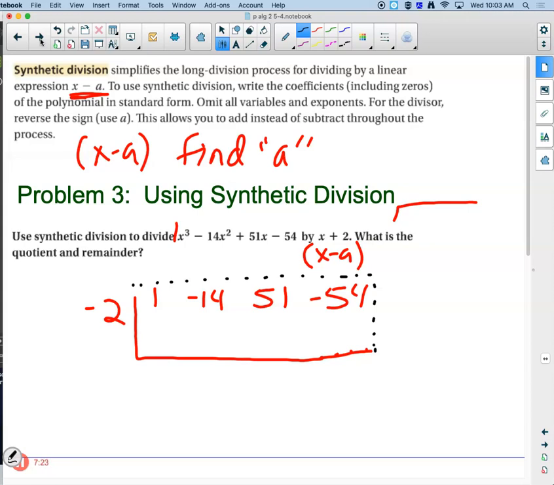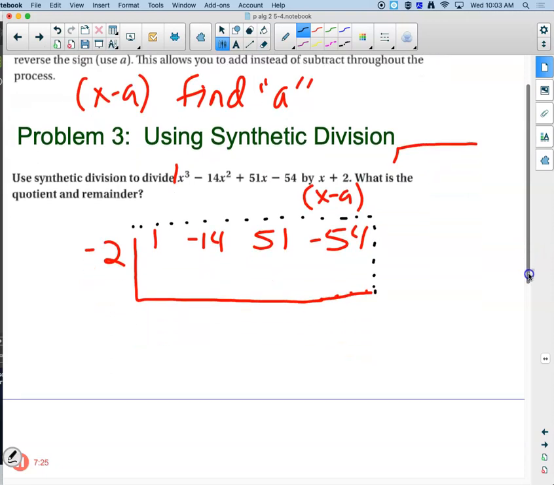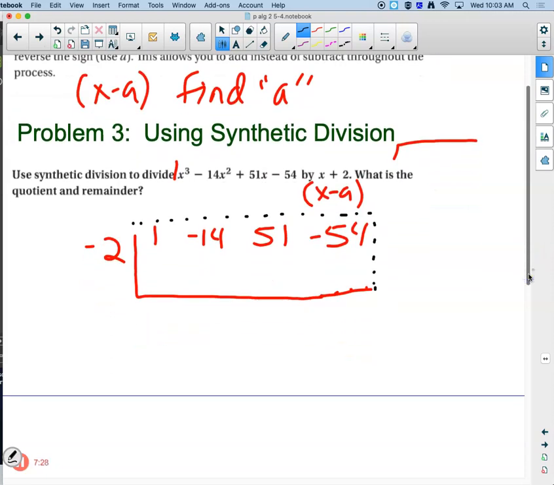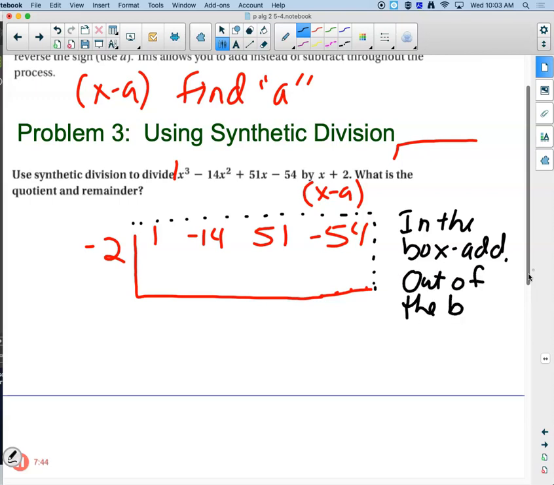So what we're going to do is this. When we're in the box, we add. When we're outside the box, so out of the box, we multiply by a.